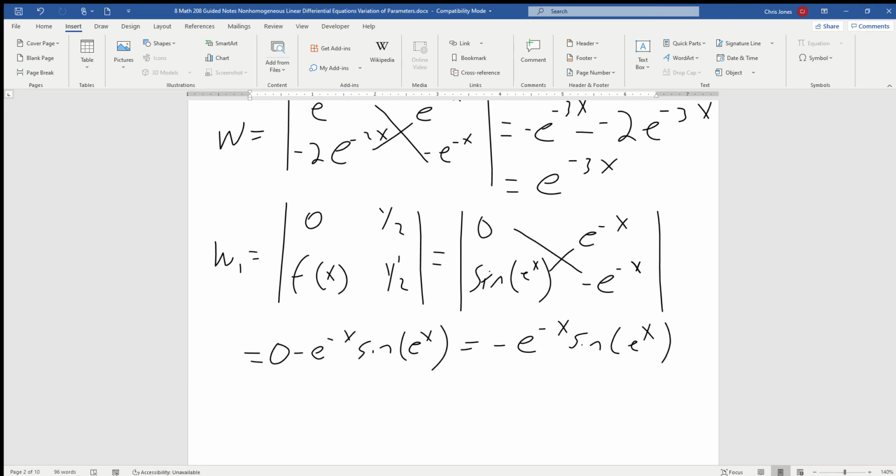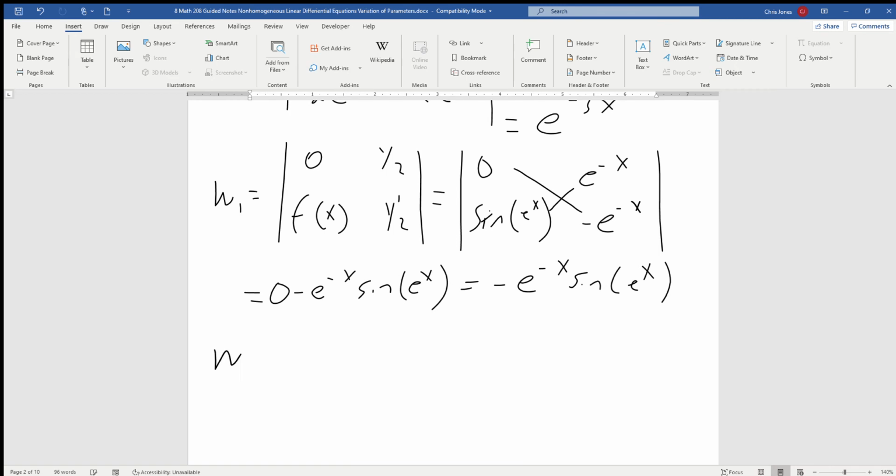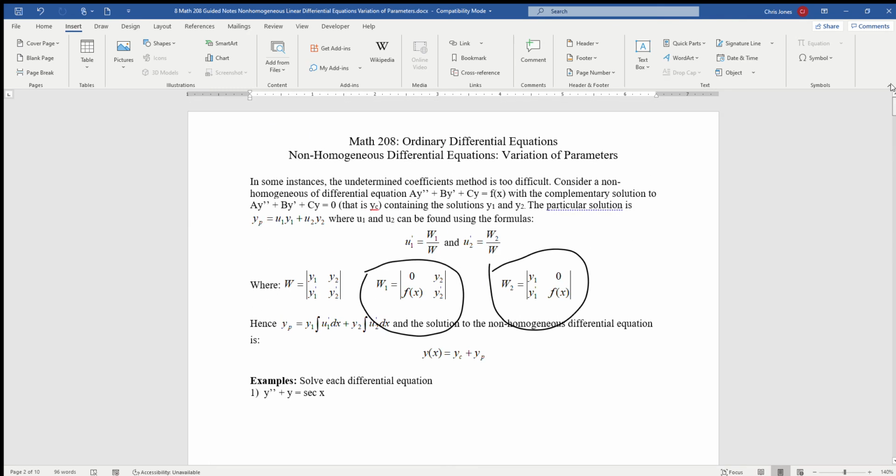And then finally, we need W2. Remember, W2 is y1, y prime 1, 0, and f of x. I'm just going to scroll up to make sure I copied it down correctly. Yep.